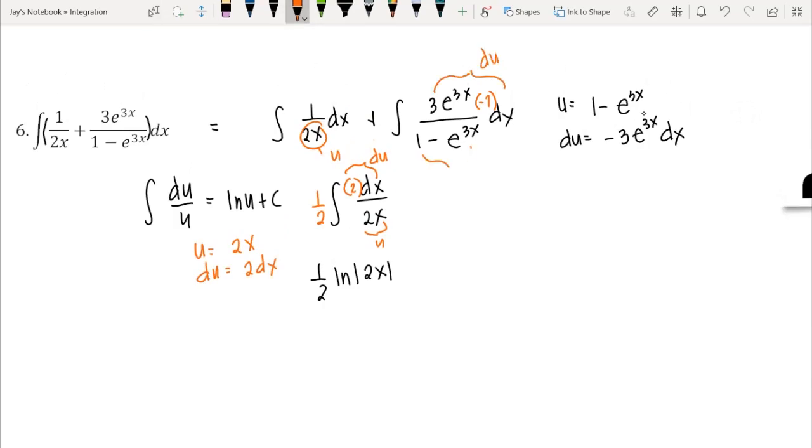And this entire term is our u. However, we multiplied negative inside the integration. So again, we multiply 1 over negative 1 outside of the integration. And that would give us the rule du over u. Right? So we can apply the integration of du over u, so therefore, we have the same rule, that is natural logarithm of u plus c.